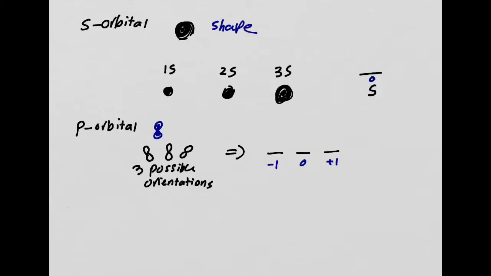Alright, now since I didn't have enough room, I'm going to redraw this again. So we said we have an S orbital, 1 orientation. We have a p orbital, 1, 2, 3 orientations. We had a d orbital, 1, 2, 3, 4, 5.